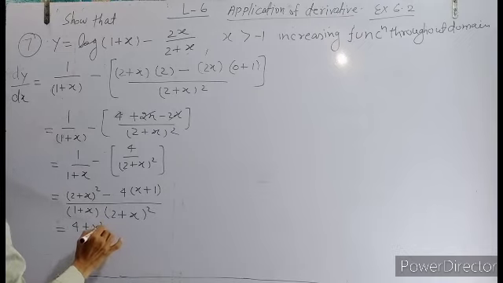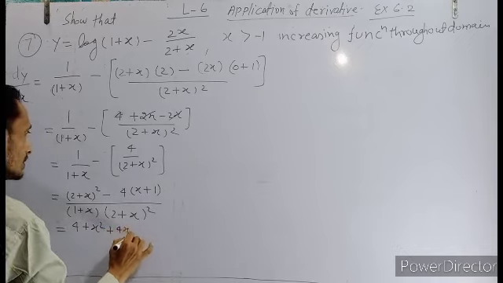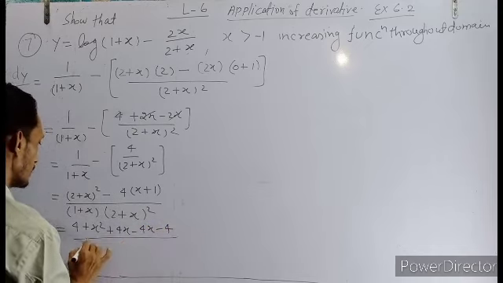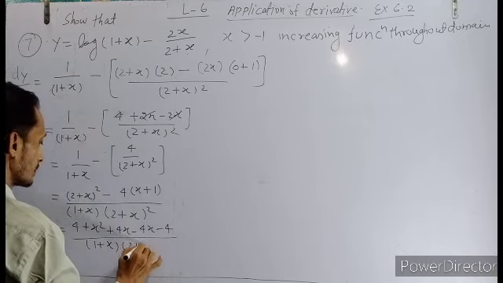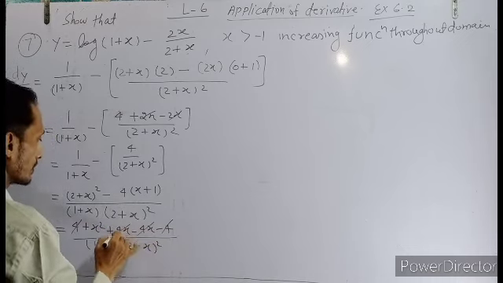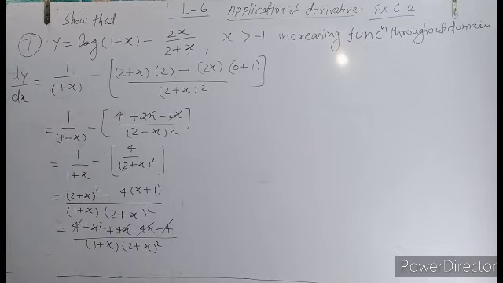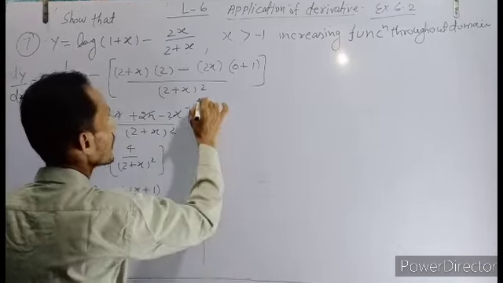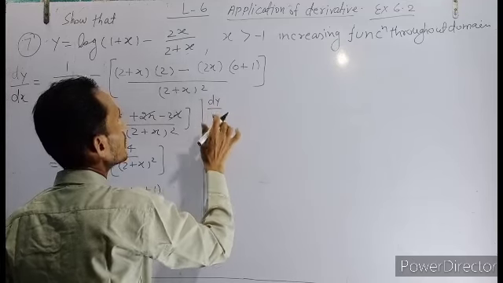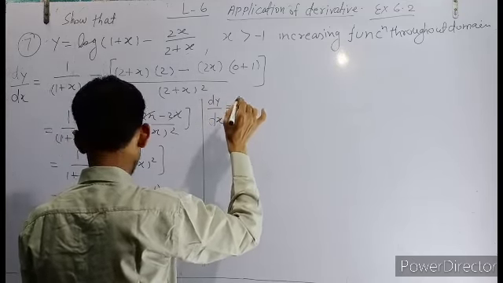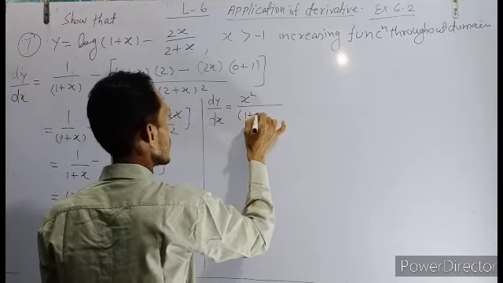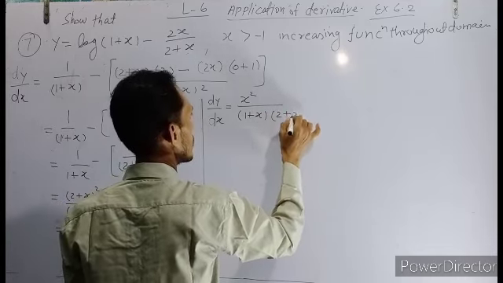Four plus x square plus 4x minus 4x minus 4, the 4 cancels and the 4x cancels, so it becomes x square upon (1 plus x) into (2 plus x) whole square. So dy by dx equals x square upon (1 plus x)(2 plus x) whole square.